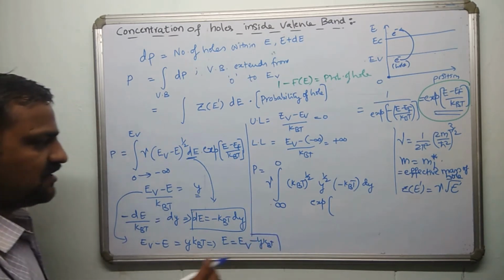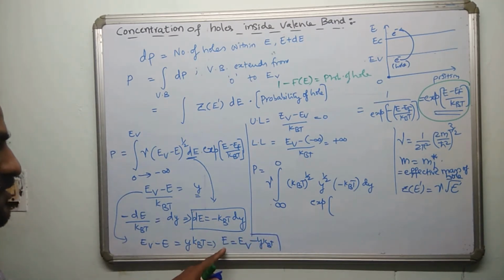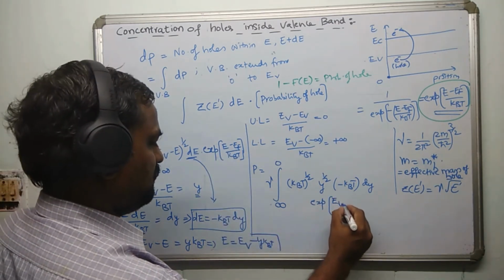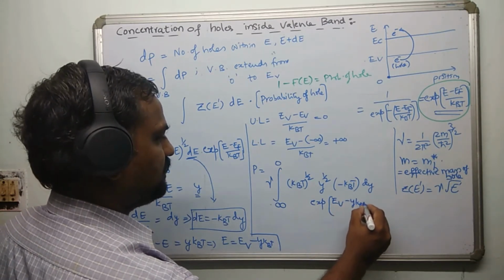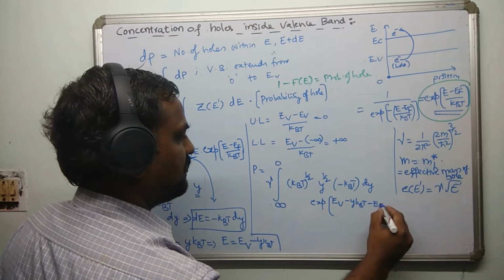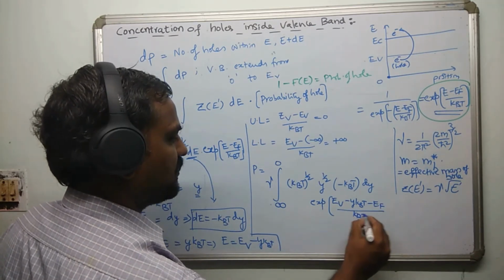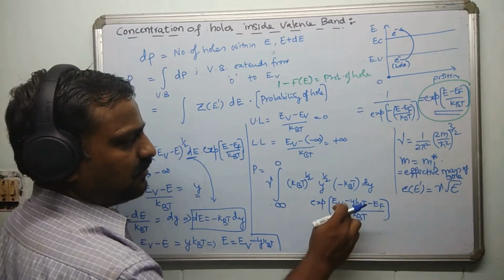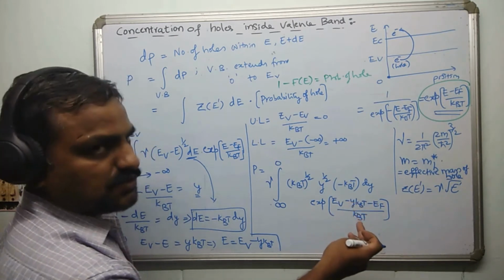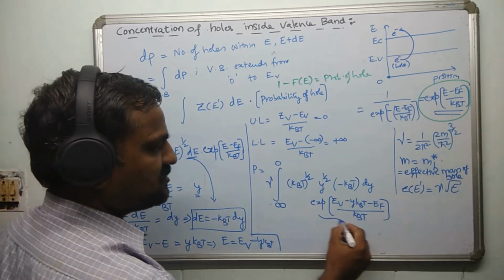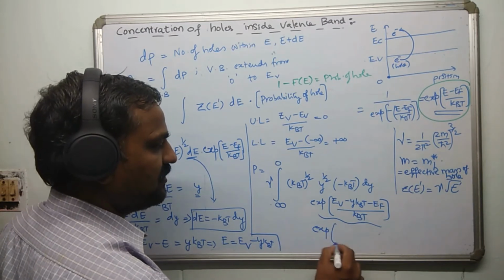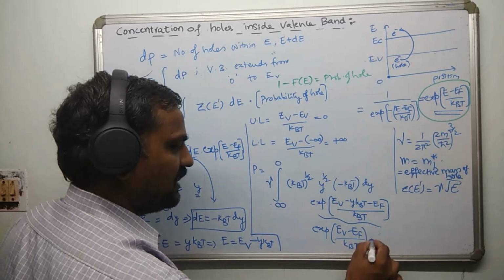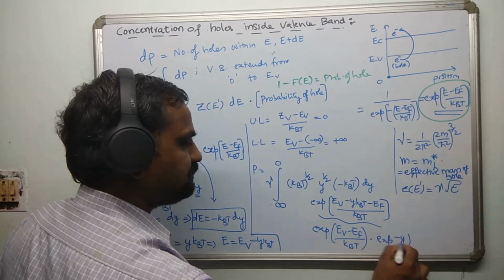So we substitute in E's place EV minus y kBT. So E minus EF becomes EV minus y kBT minus EF, divided by kBT. I can write this as EV minus EF by kBT, one term, minus y kBT by kBT, which is minus y. So this term can be written as exponential of EV minus EF divided by kBT, which is one term, into exponential of minus y.